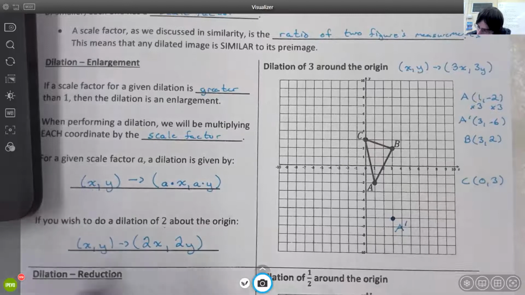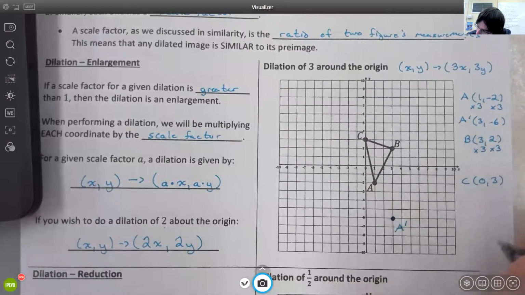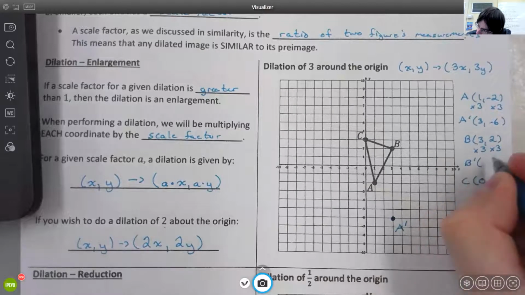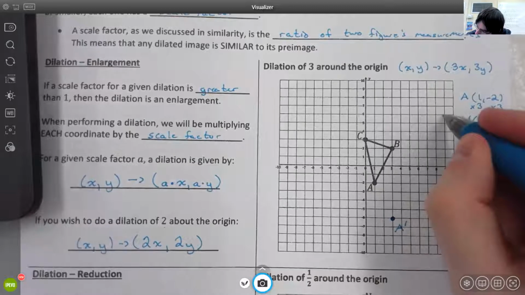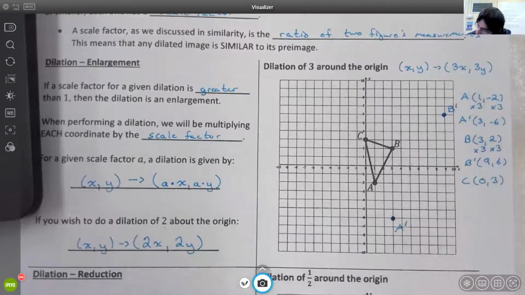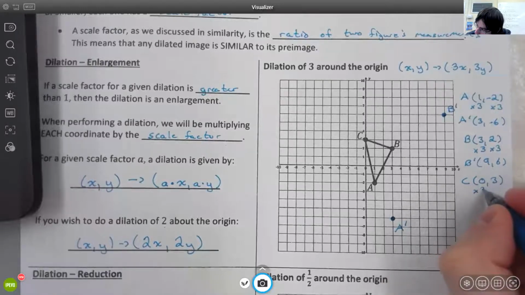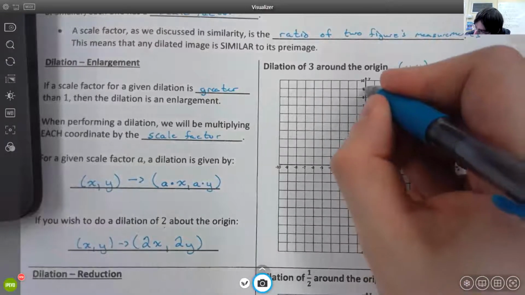Then we do the same thing for B: 3 times 3 and 2 times 3, so B prime is (9, 6). For C, 0 times 3 gives you 0 and 3 times 3 gives you 9, so C prime is (0, 9).